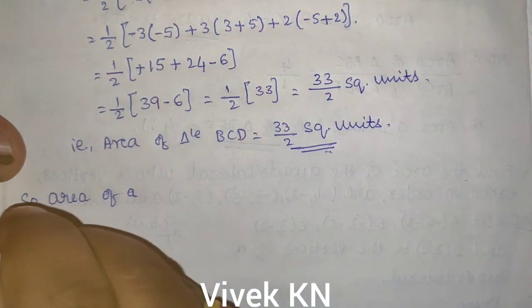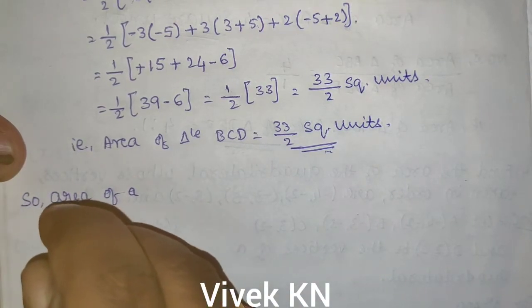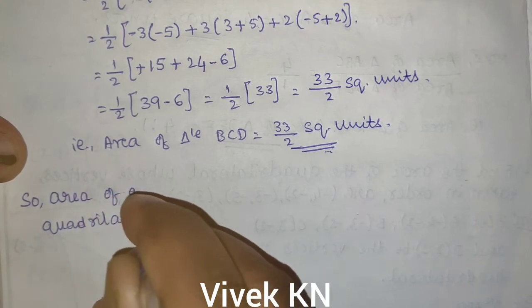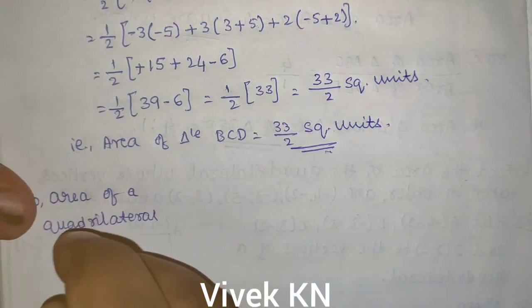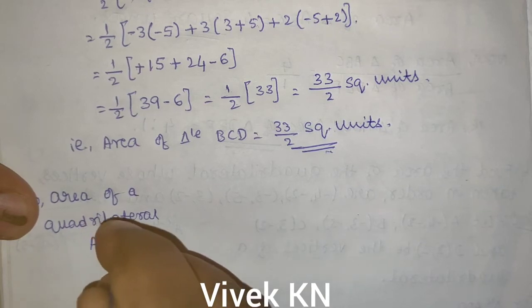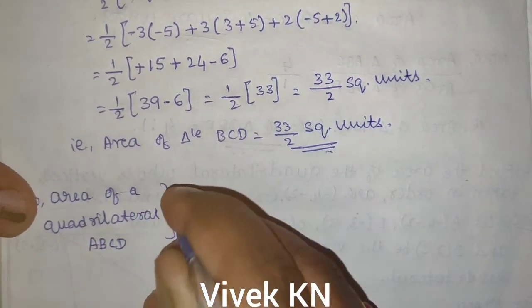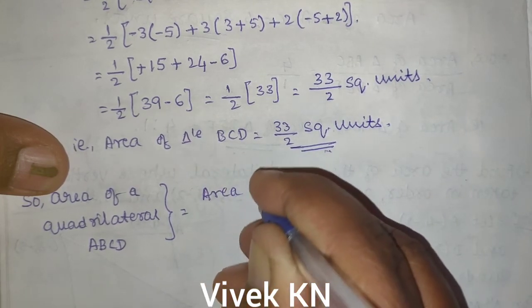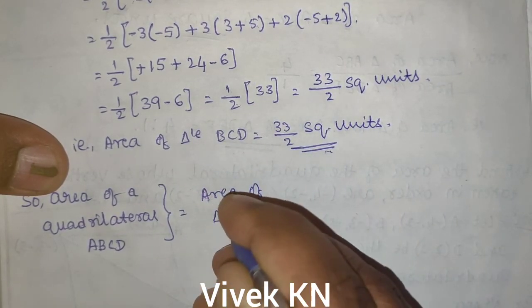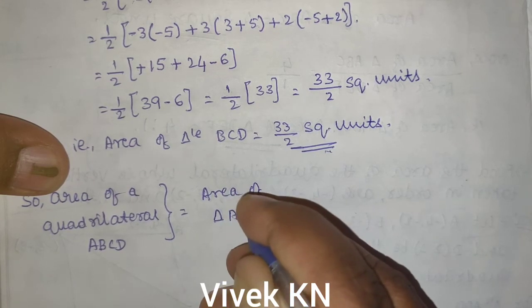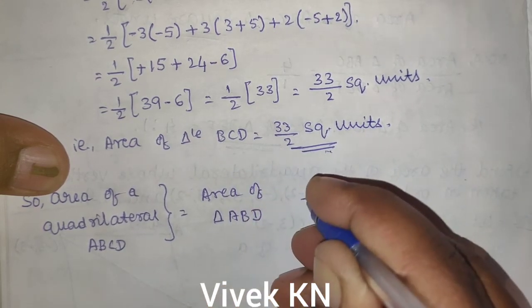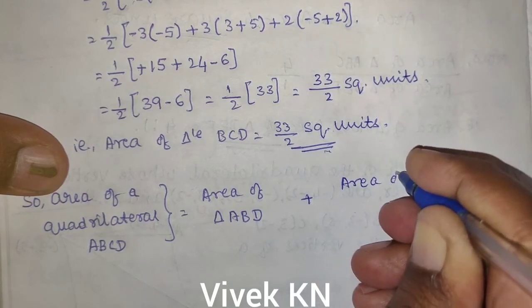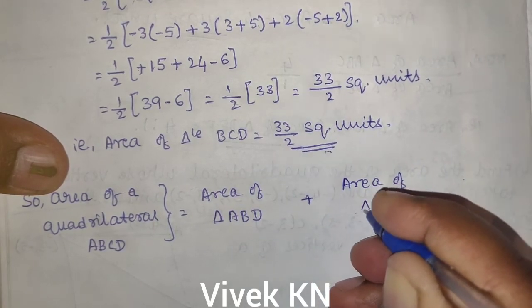area of quadrilateral ABCD is equal to area of triangle ABD plus area of triangle BCD.